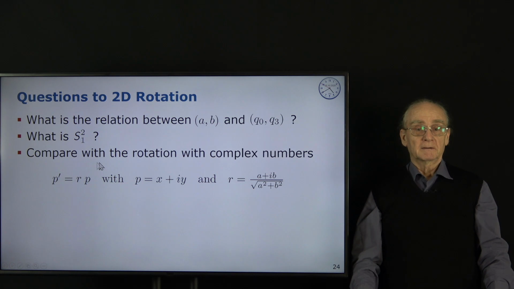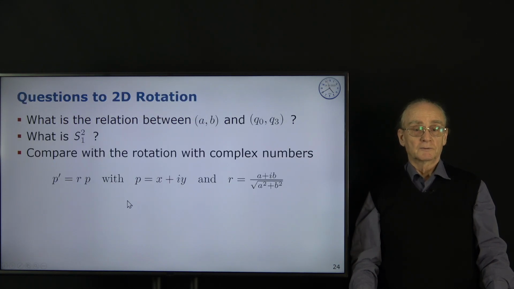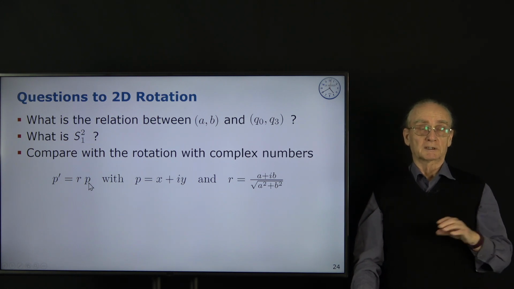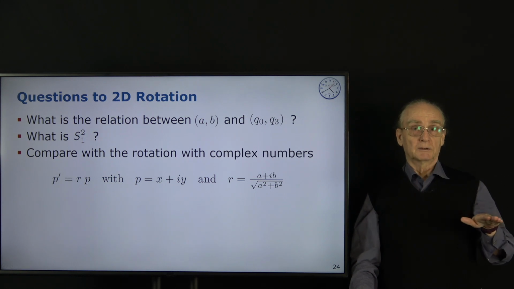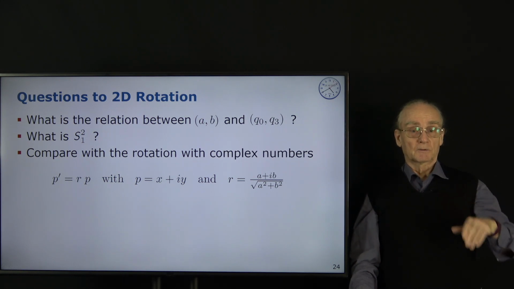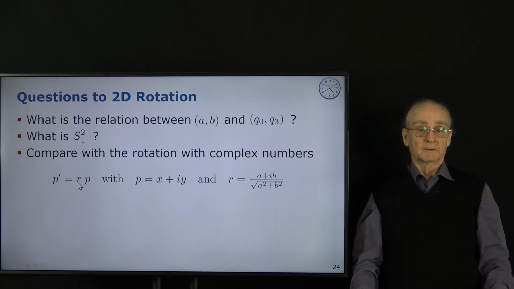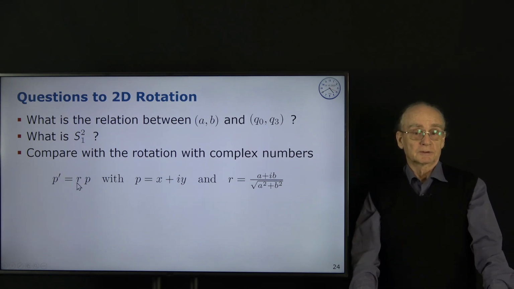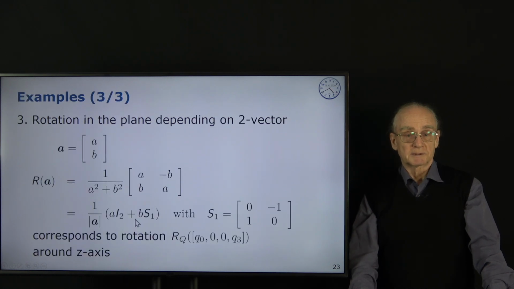And then compare the rotation which we wrote down here with the rotation if you represent points in the plane using complex numbers. You remember that if you multiply a point, a complex number, with another one, you have a rotation and scaling. So if r is a unit complex number with length 1, then you get a pure rotation. So have a look how this relates to this representation.